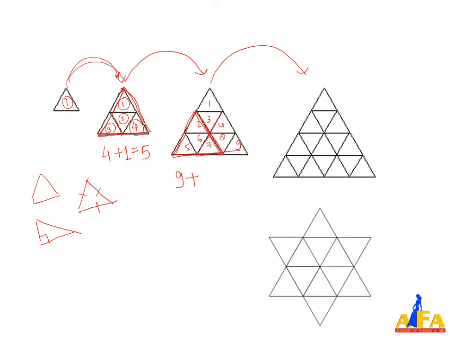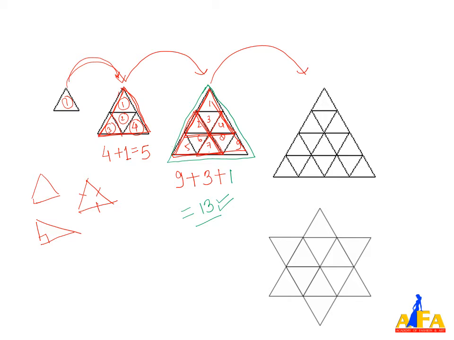So this is 1, this is 2 and this is 3, formed by 4 small triangles each. There is also a bigger triangle formed by the 9 smaller triangles, so this is also 1. So the number of triangles is 9, 10, 11, 12, 13. The total number of triangles is 13.